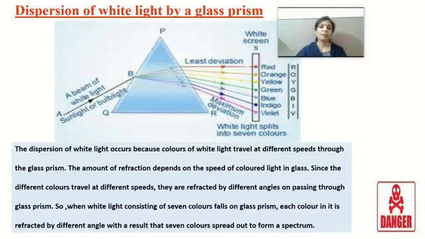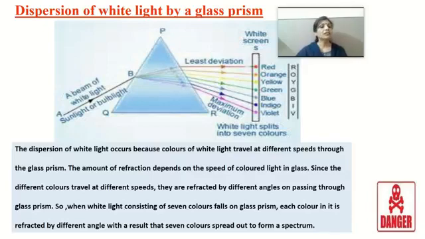Some colors are bent less, whereas the others are bent more. So in the figure you can make out that the red color has bent very little, whereas the maximum bending is for violet.